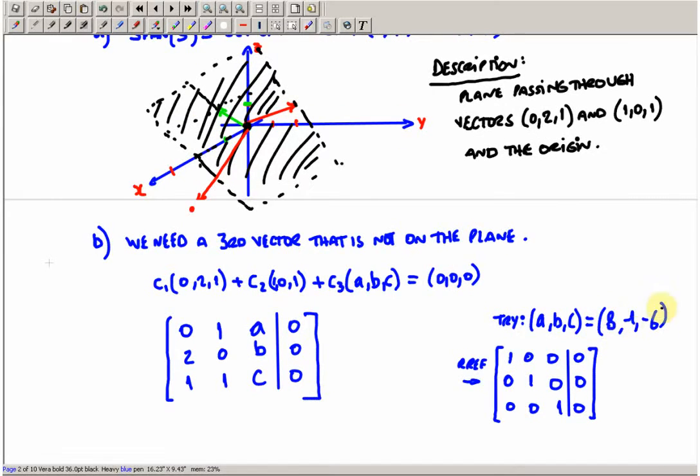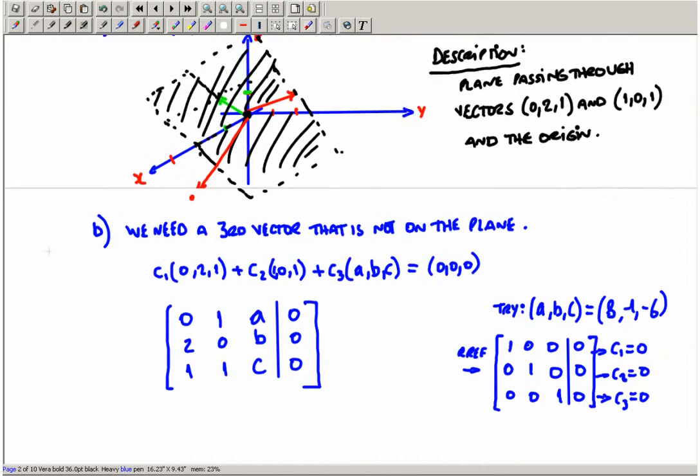I put this vector on the third column, put that in the calculator, and reduced the matrix, and this is what I got. So yes, look at that. c3 equals 0, c2 equals 0, c1 equals 0. So it's a trivial solution.